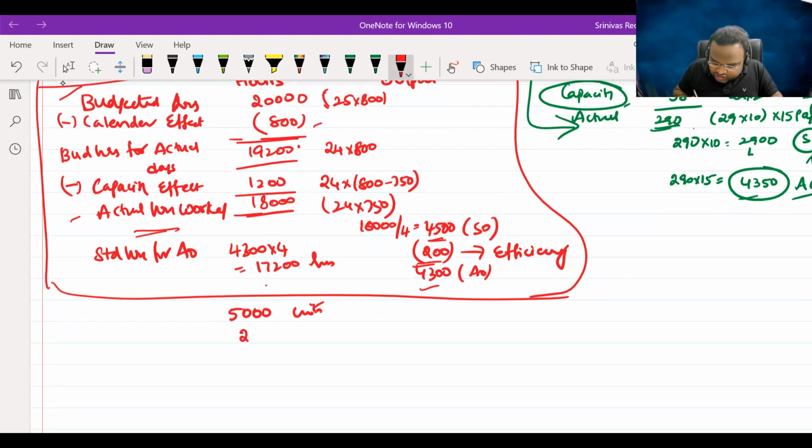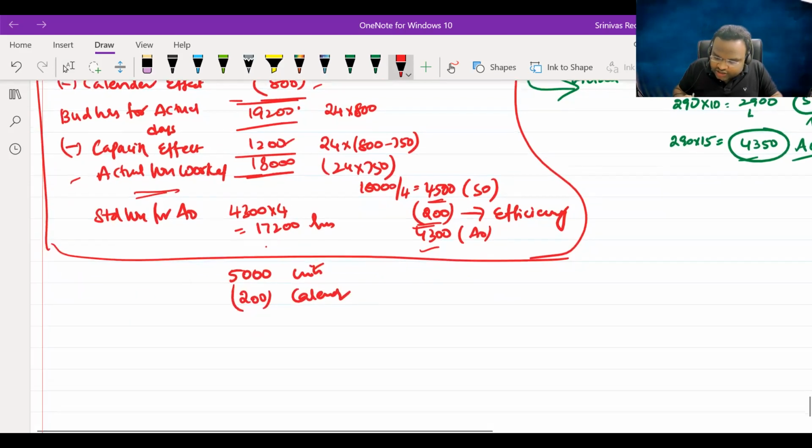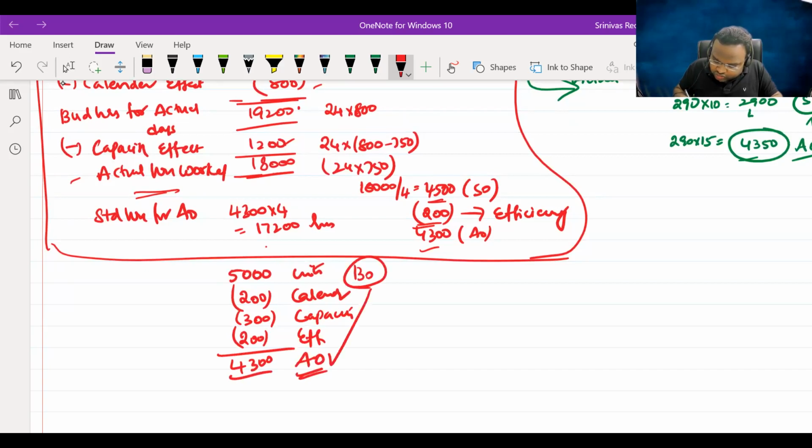So 200 hours lost because of calendar. 1200 means 1200 divided by 4, 300 units lost because of capacity. 200 units lost because of efficiency. Net, 4300 is actual output. So from budget output to actual output, this is because of calendar effect, capacity effect, efficiency effect.